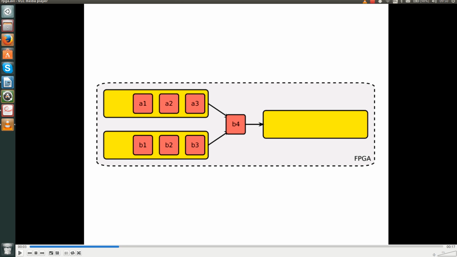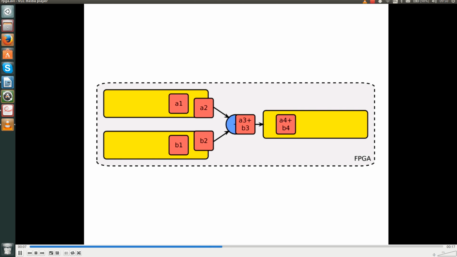Since the memory block is connected directly to the computational unit, we can read data within 1 clock cycle and start computations immediately. Moreover, while we are computing the first element from the vector, we can start computing the second one. This technique is called pipelining.